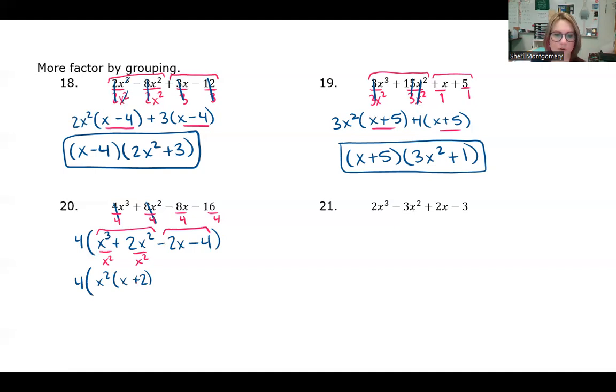For the second grouping, remember our goal is to get x plus 2. So what would we factor out? Yes, we have to pull out a 2, but if you look at the signs, these are both positive and these are both negative. So they have to be the same. You have to pull a negative out of the second grouping.